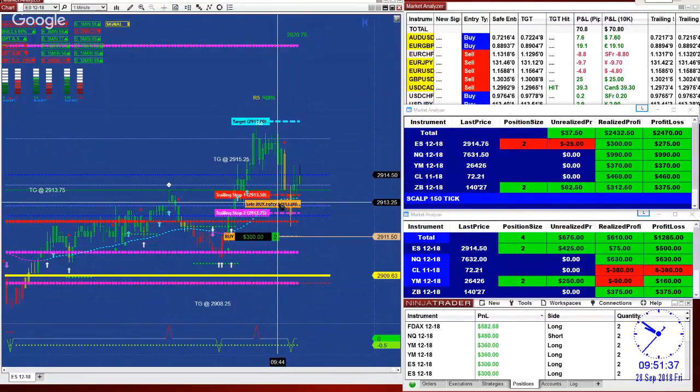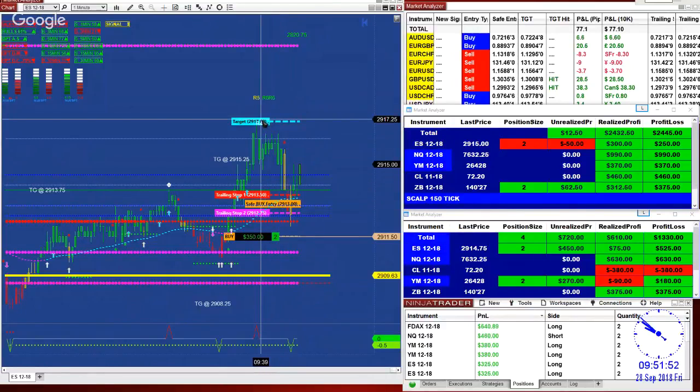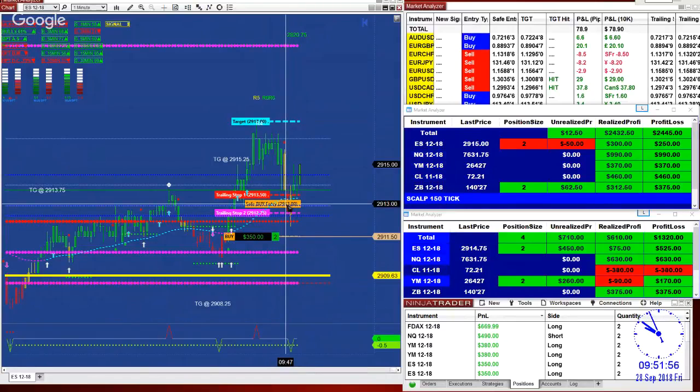Identify trend, pullback, re-entry. It sounds simple, but it's been around for 25 years and it never runs out of style. So even if your auto trade took out that trade and you're done, there is another re-entry point, and you can see the re-entry point on every single chart.